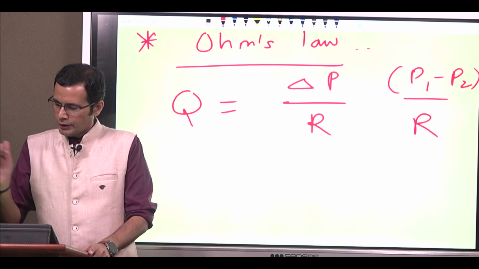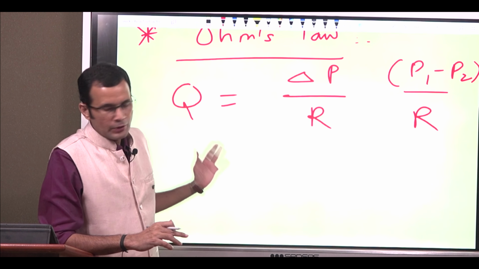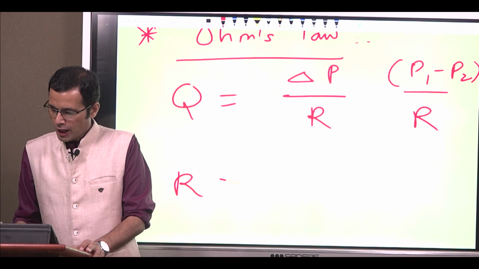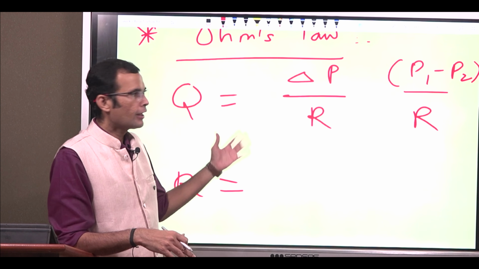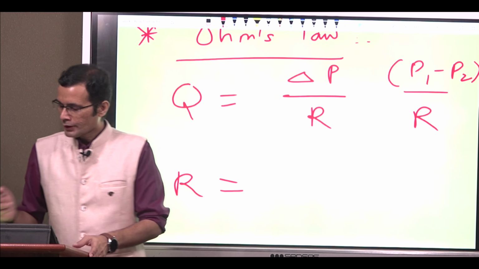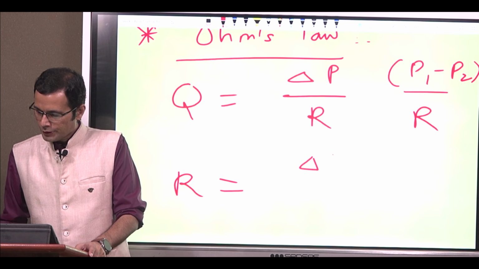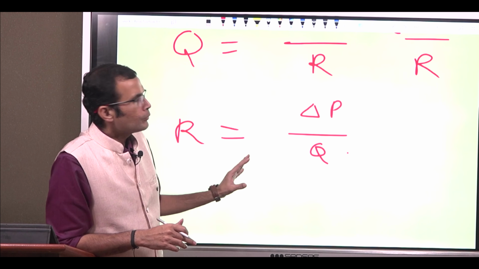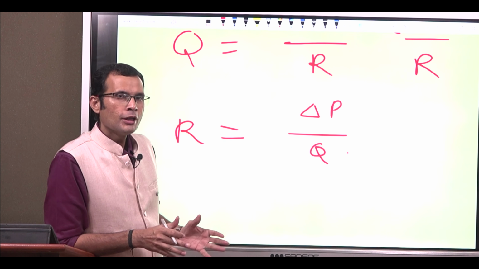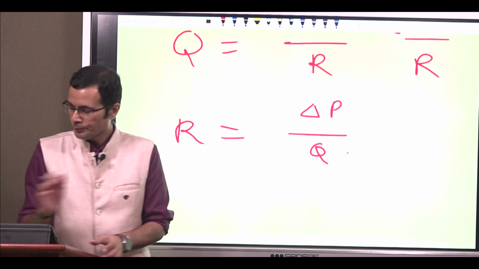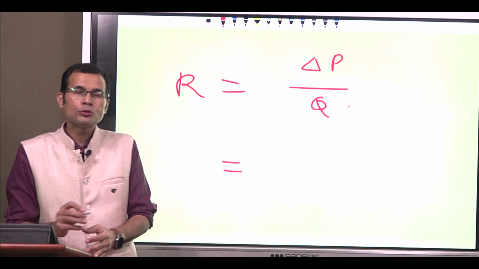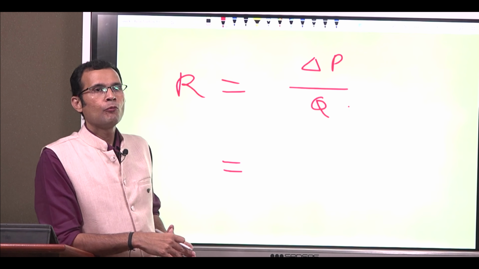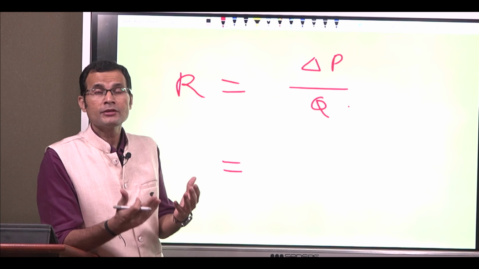So R, the resistance, which we are out to calculate, is equal to delta P upon Q. Now, Q is blood flow, and blood flow through the lungs will be the same as cardiac output.